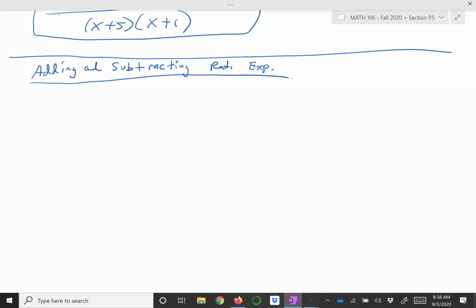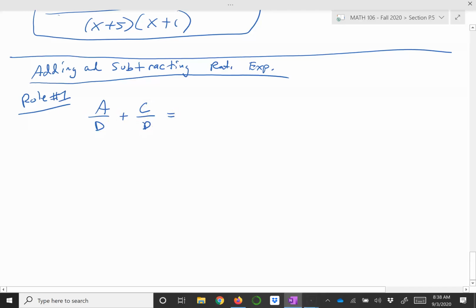So if you had something like this, we can kind of call this rule number 1, I guess. All right, rule number 1. If you had a fraction that looked like a over d plus c over d, how are you allowed to combine those two fractions?